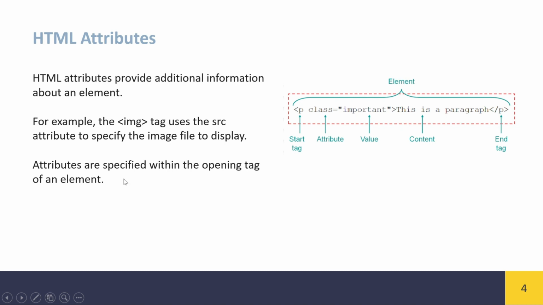And attributes are specified within the opening tag of an element. These attributes are defined in the start tag itself. This is also called the opening tag. See this. This is a start tag and this is an end tag. This is the attribute and this is the value which we are going to give for the attribute. This is the content which is provided in between the start tag and end tag.